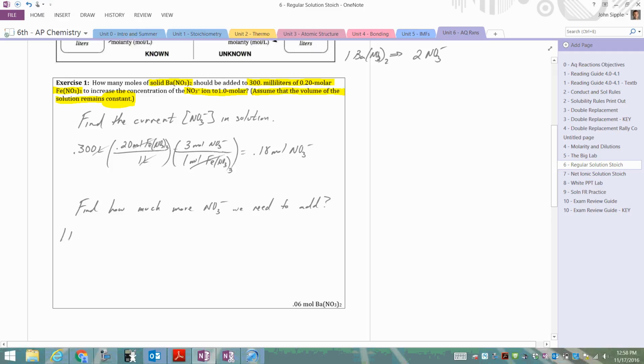We know it's 1 molar nitrate. If we break that down, that means we have 1 mole of nitrate for every 1 liter. So the volume of our solution currently is 0.3 liters. So how many moles of nitrate do we need to have in there to make it equal to 1?